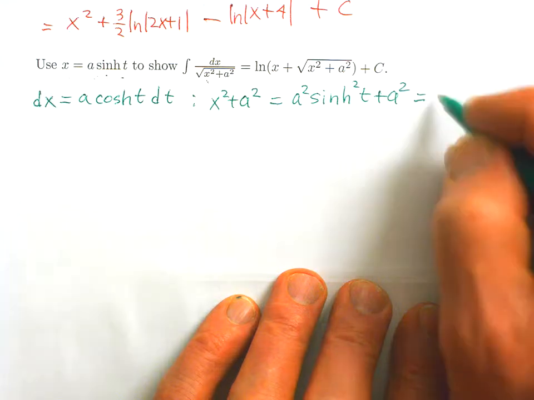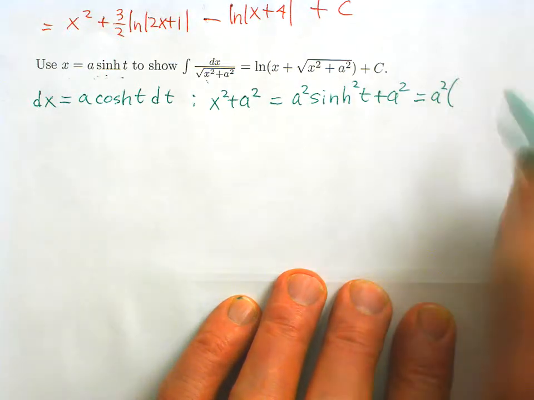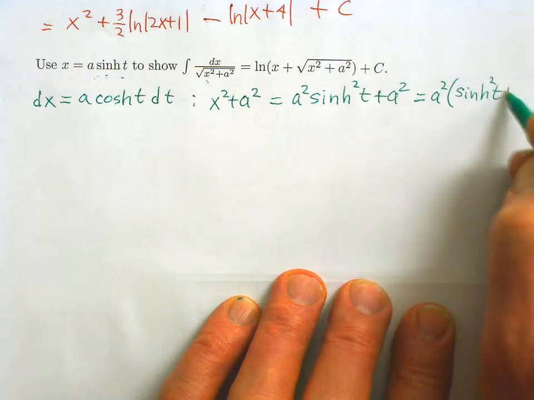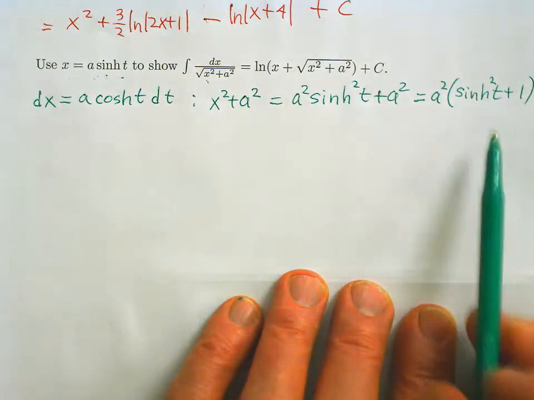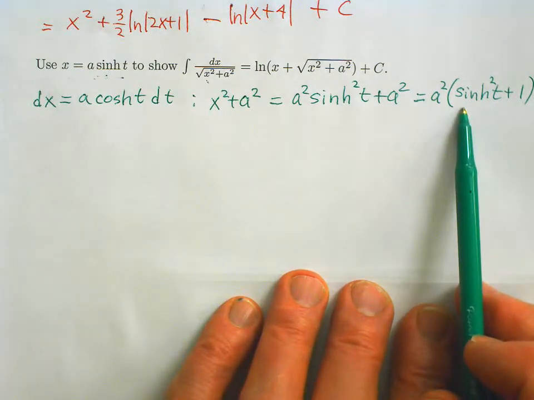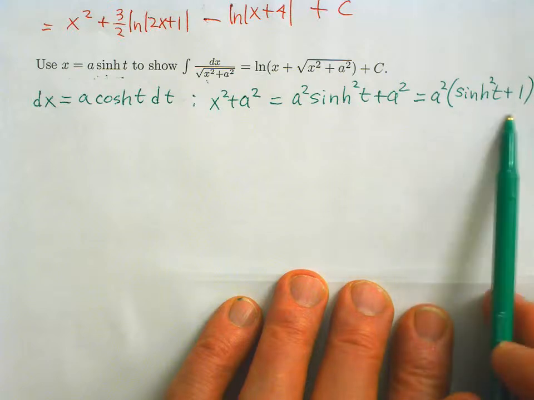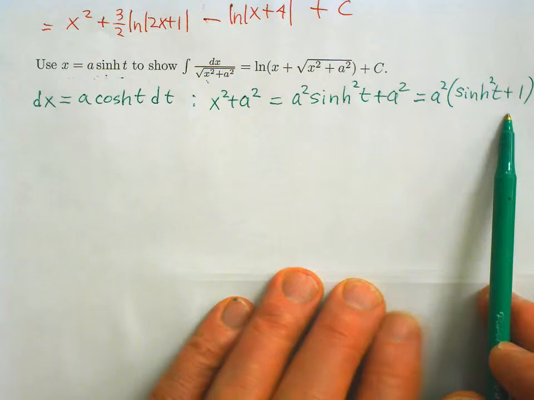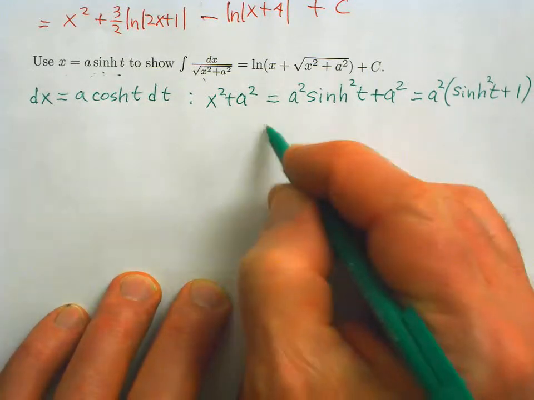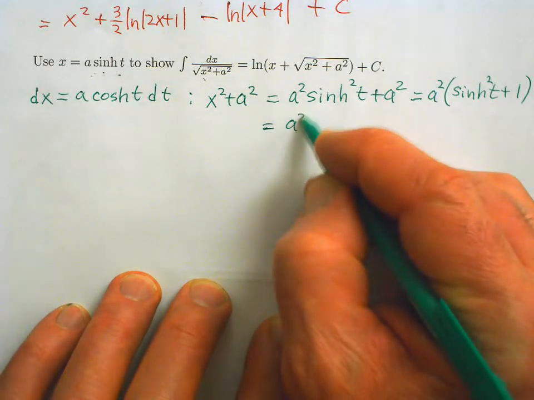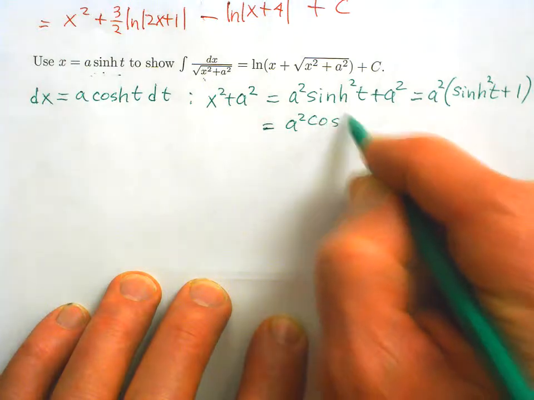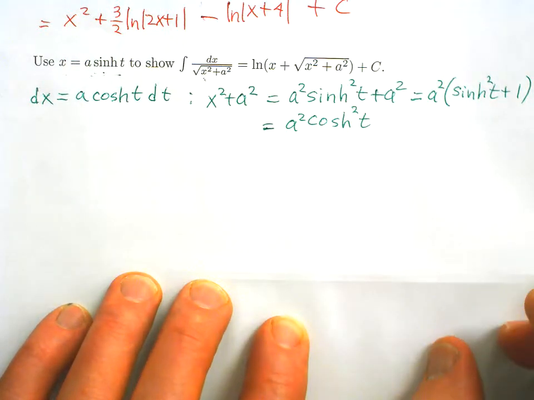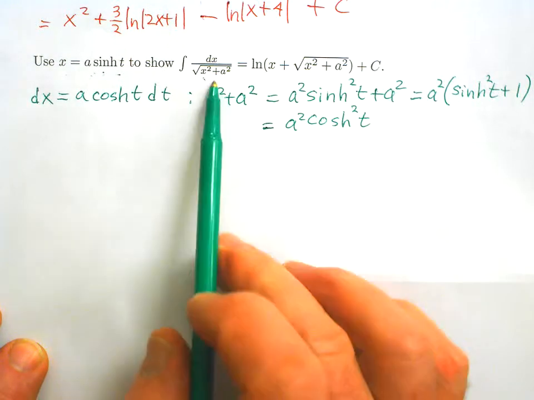Factor the a squared out, and we get a squared times the hyperbolic sine of t squared plus 1. And the hyperbolic sine of t squared plus 1 is just hyperbolic cosine of t squared. So this becomes a squared times hyperbolic cosine of t squared. Okay, and that's inside the square root.